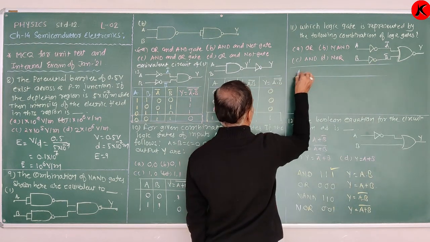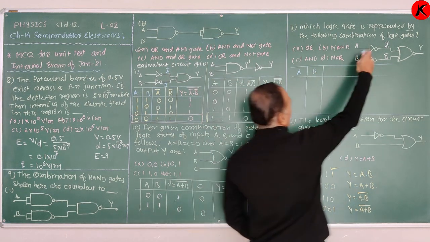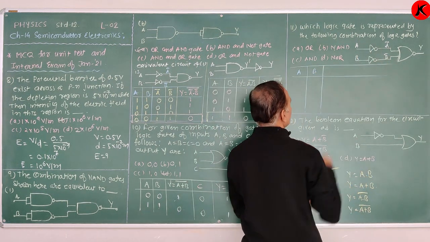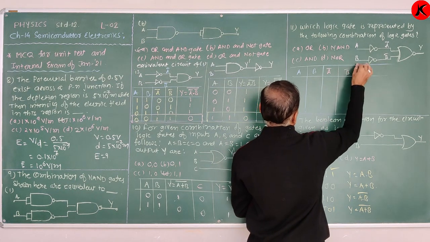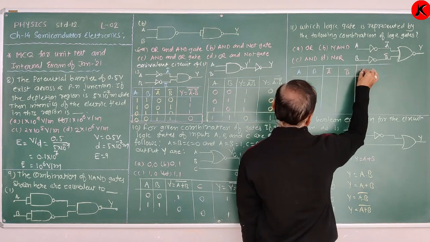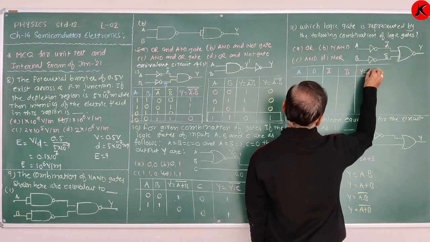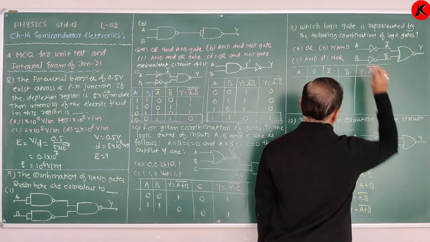So that is our A and B. Now output of the NOT gate are A bar, B bar. That is given as the input of a NOR gate. Therefore output of NOR gate is Y is equal to A bar plus B bar whole bar.